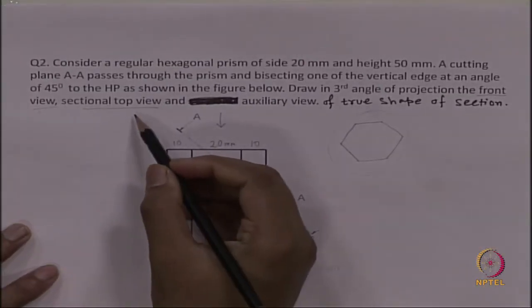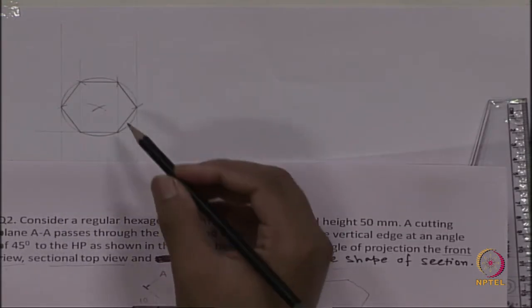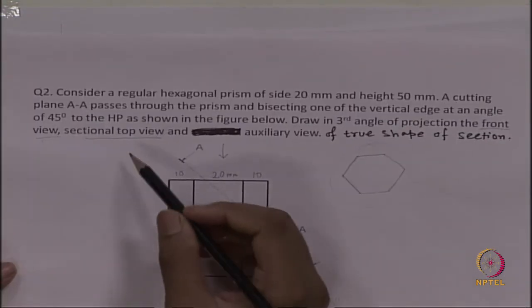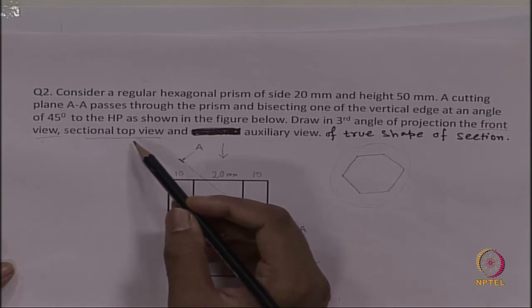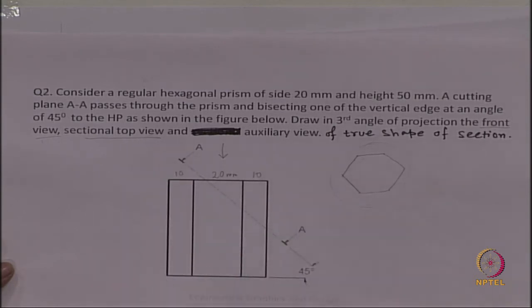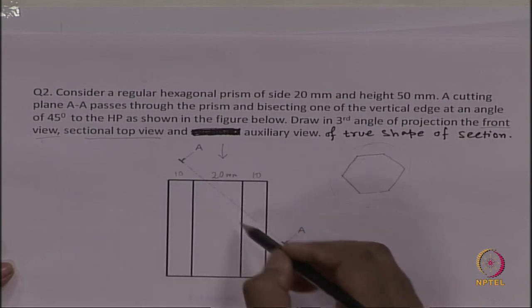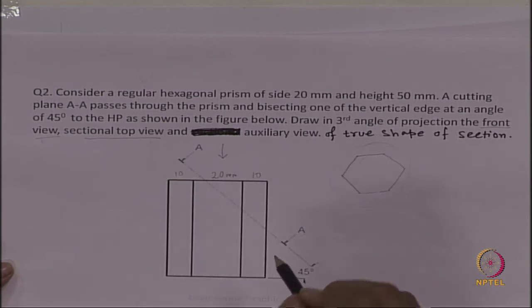In the top view we have drawn only the hexagon, but we have been asked for the sectional top view. For that, first we have to look at the cutting section, which is shown in the front view.